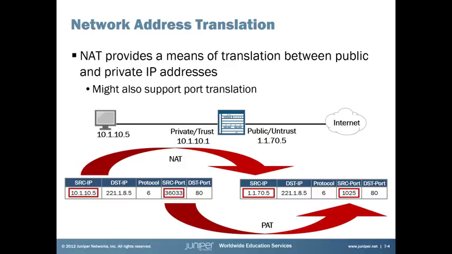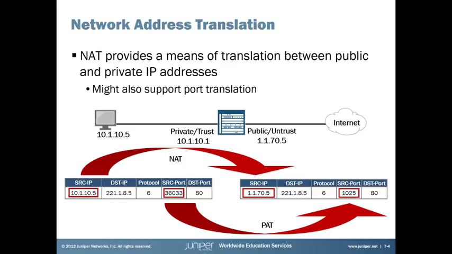So what happens is the return traffic will come back with a source port of 80 and a destination port of 1025, and hit the router. The router will look up the source IP address in the return traffic, which will be 221.1.8.5. It will then look at the source port.